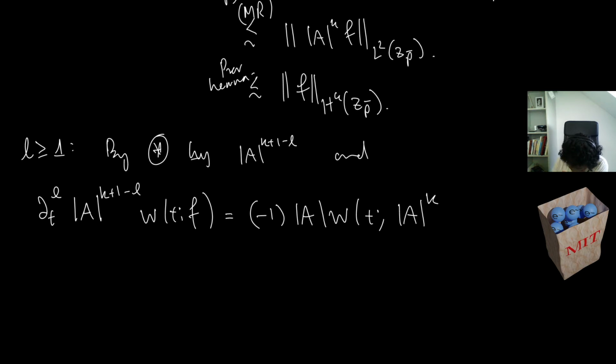So I keep 1, we multiply this by something. Oh, sorry, multiply star by this, by modulus A to the k plus 1 minus L.